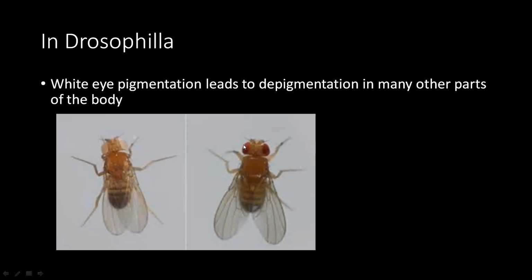The white eye pigmentation will lead to depigmentation in many other parts of the body. Depigmentation means the color will be lost. Although it should affect only the eye, this mutation also leads to change in many other parts of the body color. That is called pleiotropy. One change, but many effects.